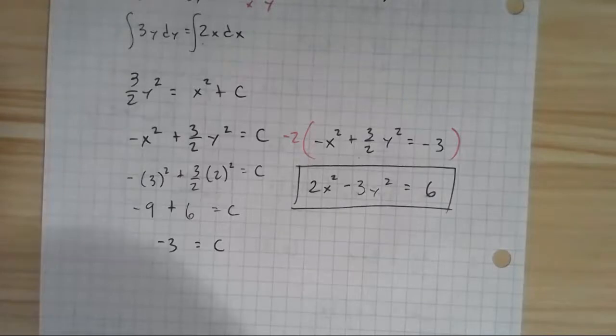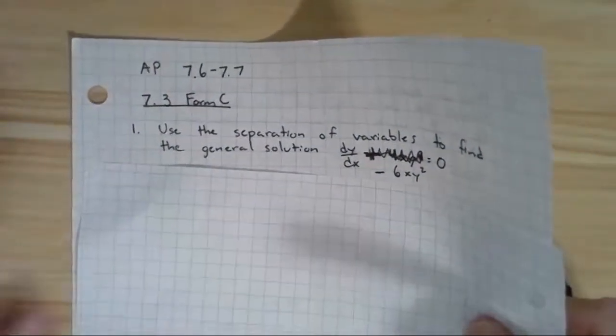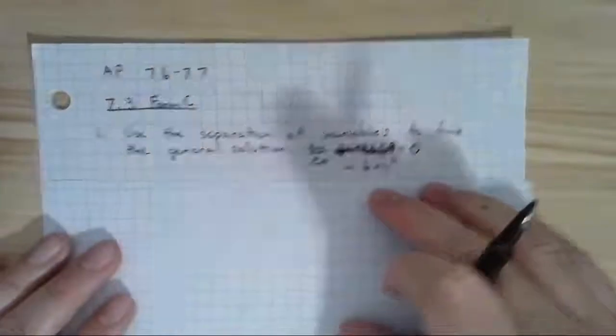Now for form C, I strongly encourage that, now that you've seen the 3 examples here for form A, you pause the video and attempt to do each of these before I go ahead and complete them.